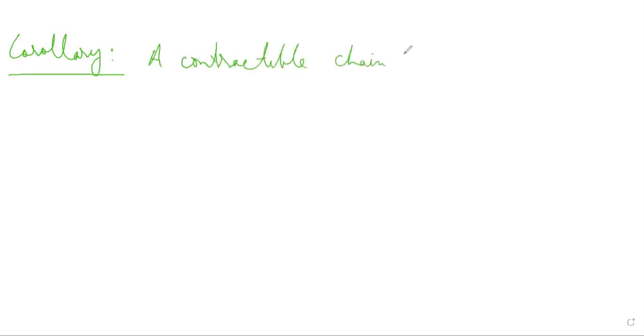So next, there is a corollary to the previous theorem. Corollary: a contractible chain complex is acyclic. That is, the homology group of that chain complex is 0.